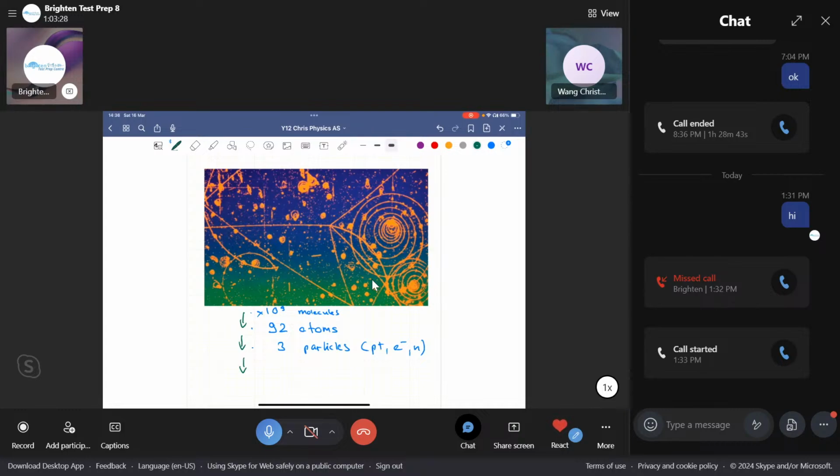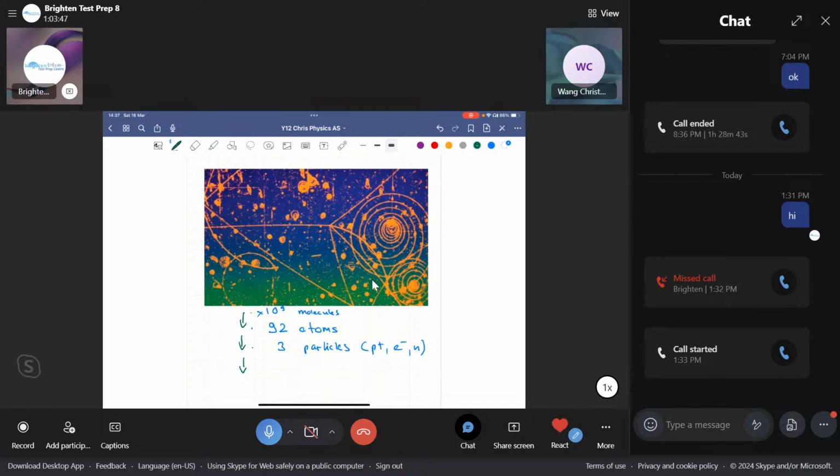And then the question is, are these particles the end of it? Are there only the 3 ultimate Lego blocks which made the other 92 atoms, or is there something further? And experiments like this picture show that.